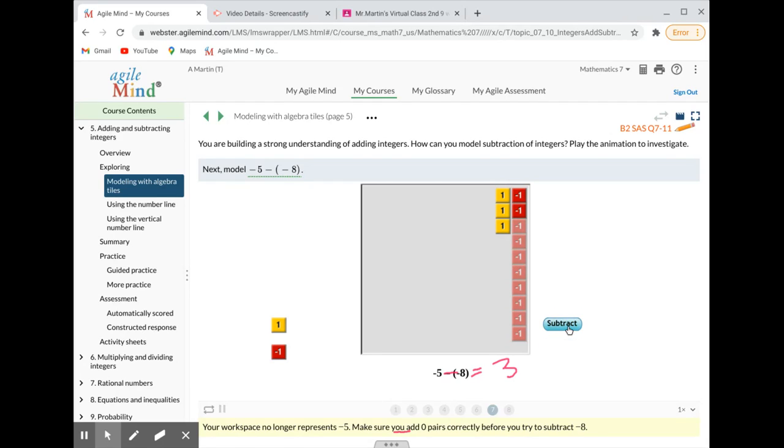If I subtract those, let's see what it says. Your workspace number represents -5. Make sure you're representing 5 correctly before you try to subtract -8. It ain't working yet. So what do we need to do?